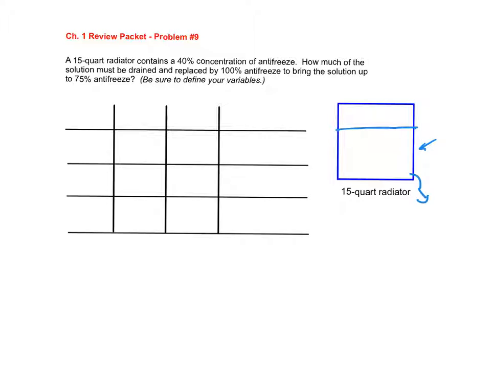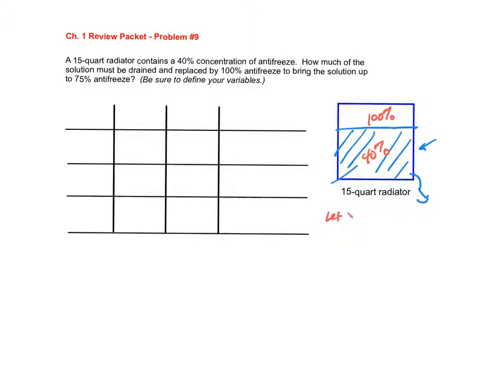So we're going to drain some of the solution out, and then we're going to be left with part of it being 40% originally, and then we're going to add 100%. So for right now, I'm pretending that the two solutions aren't mixing. We don't know how much we drain and how much we replace, so I'm going to define that as my variable.